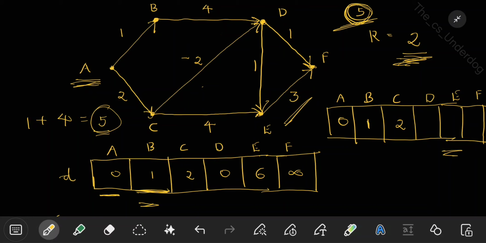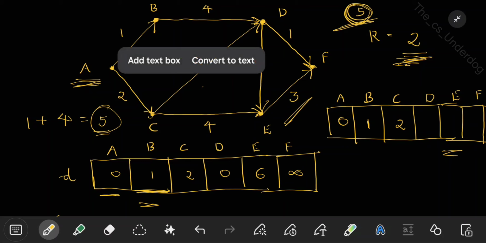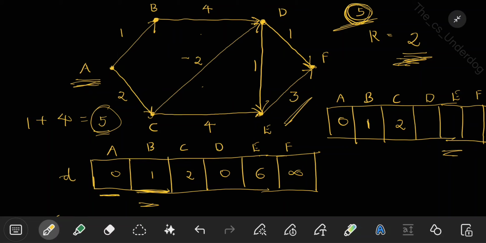So the distance to vertex D after relaxing BD will be 5. But if I see here, existing distance to D is 0. That means there is no point in doing this relaxation to give this new value 5. Existing value is 0. So why will I update 0 with 5? So I'm not going to update.